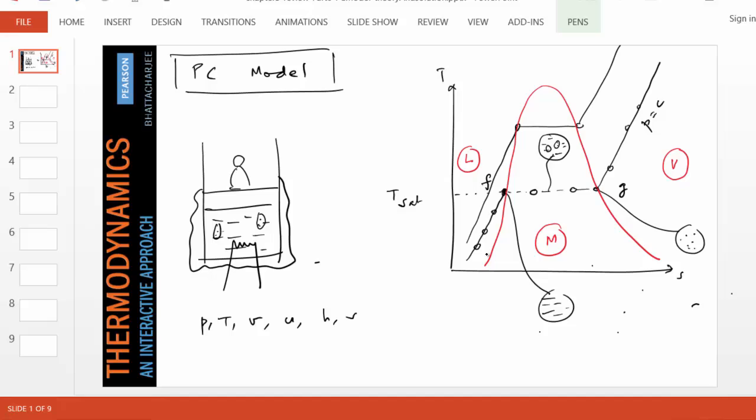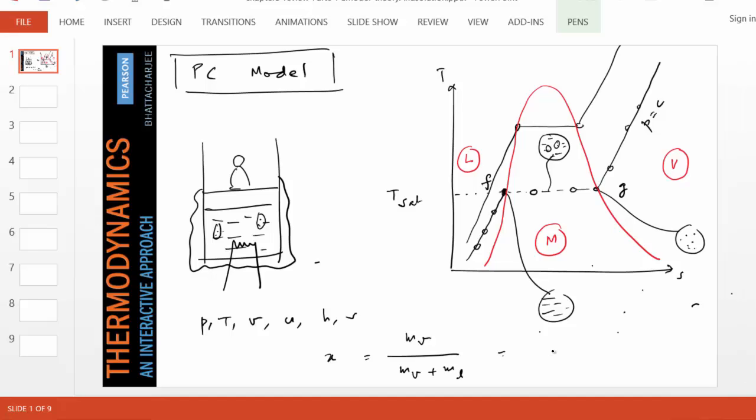In case of a PC model, especially if you're inside the dome, a new property called the quality is very important to know, because when you have a mixture of F and G states, the quality X is the mass of vapor divided by the total mass, vapor and liquid.